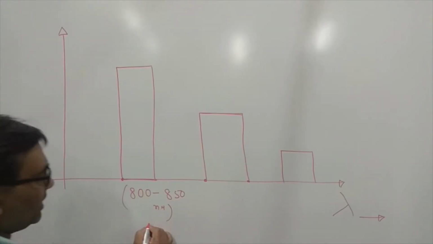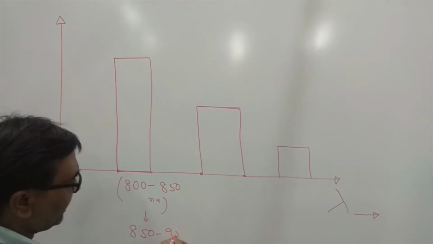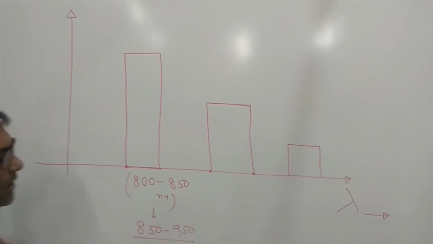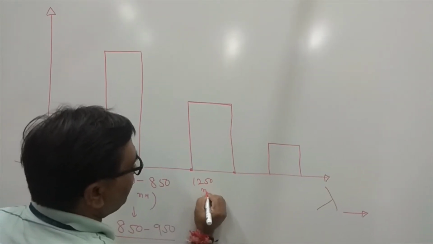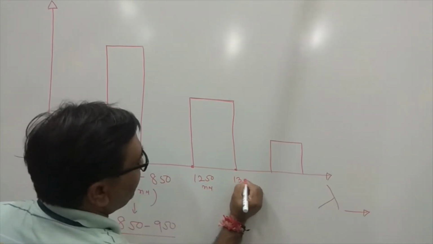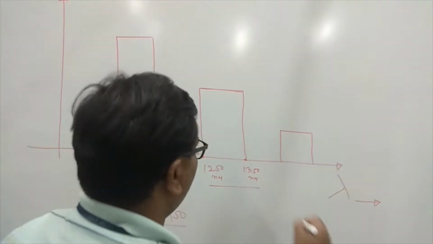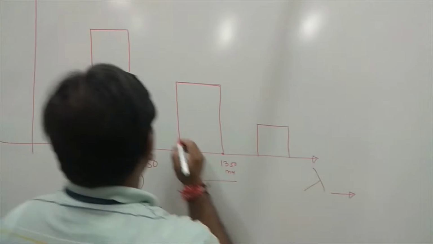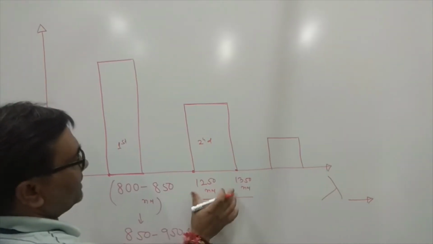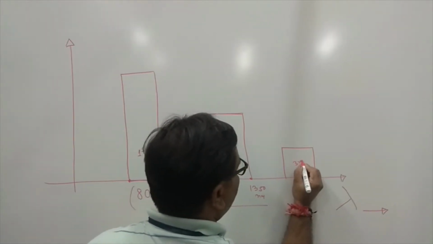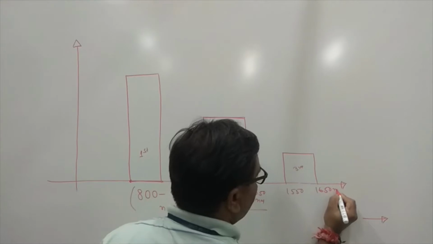Somewhere you can also see it written 850 to 950, so don't confuse, both can be considered. Second window is considered from 1250 nanometer to 1350 nanometer, right? This is the first window, this is the second window, and this is the third window. Third window is nothing but 1550 to 1650 nanometer, right?